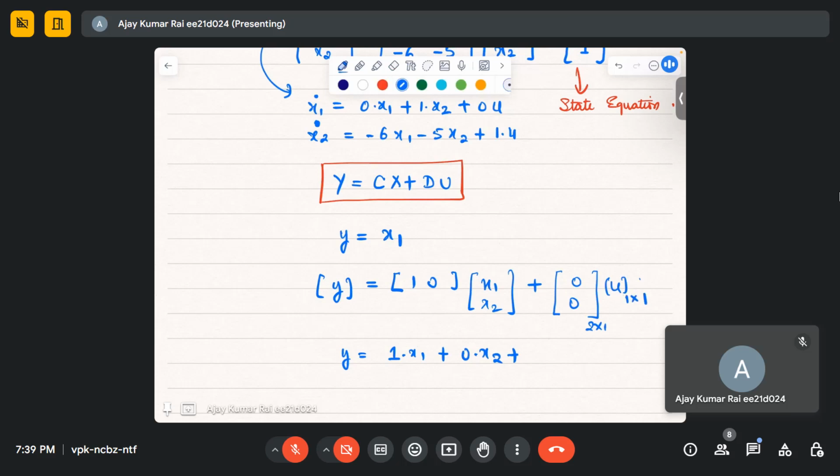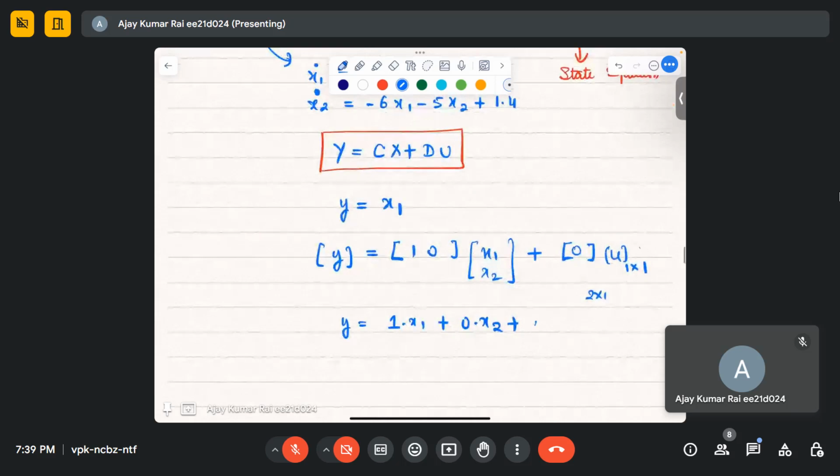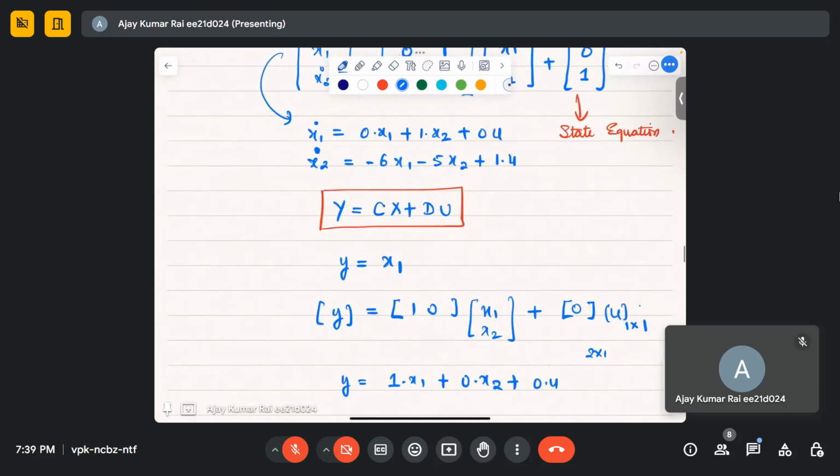So I should not get 2 into 2. Anyway, you write this as 0, 0 into u, which is the same as writing y equal to x1.